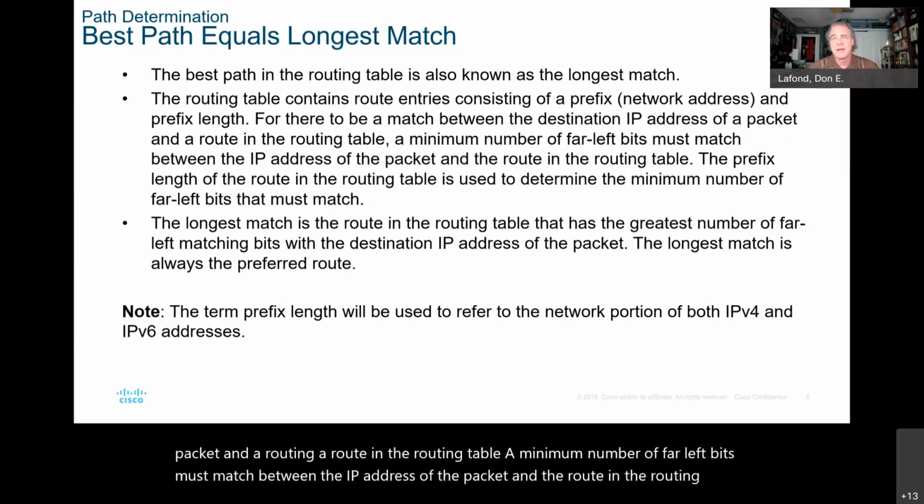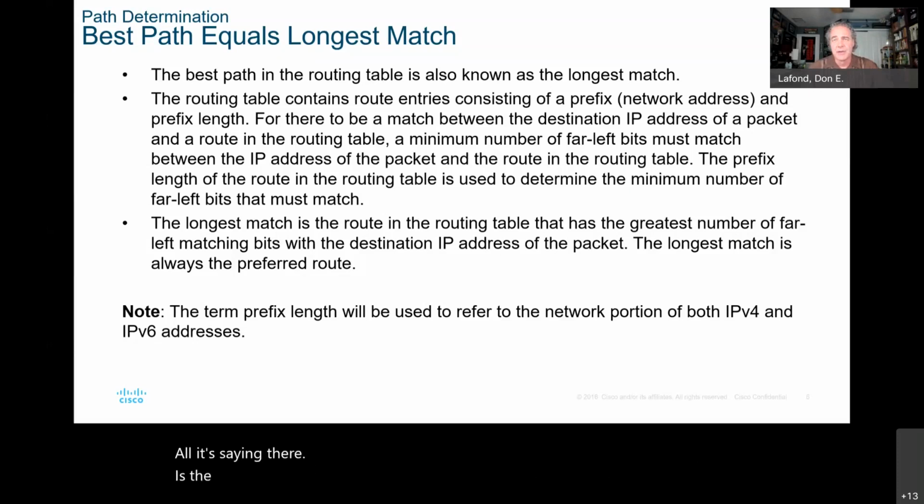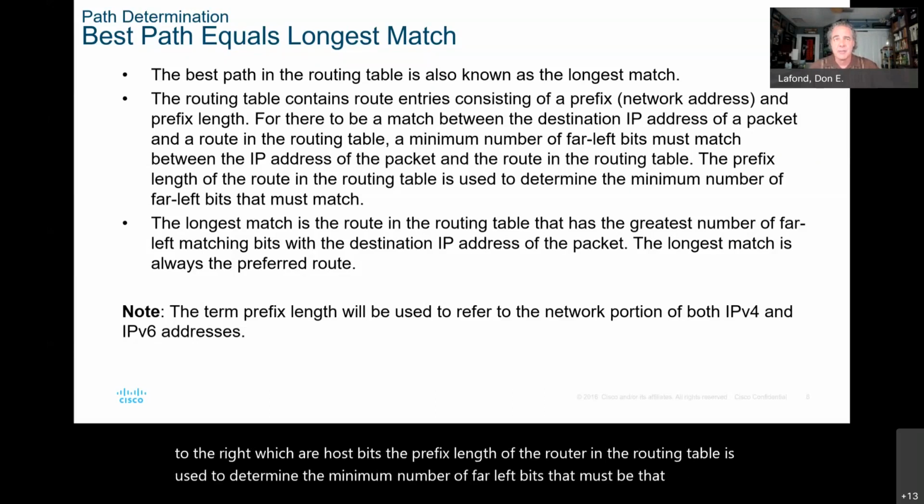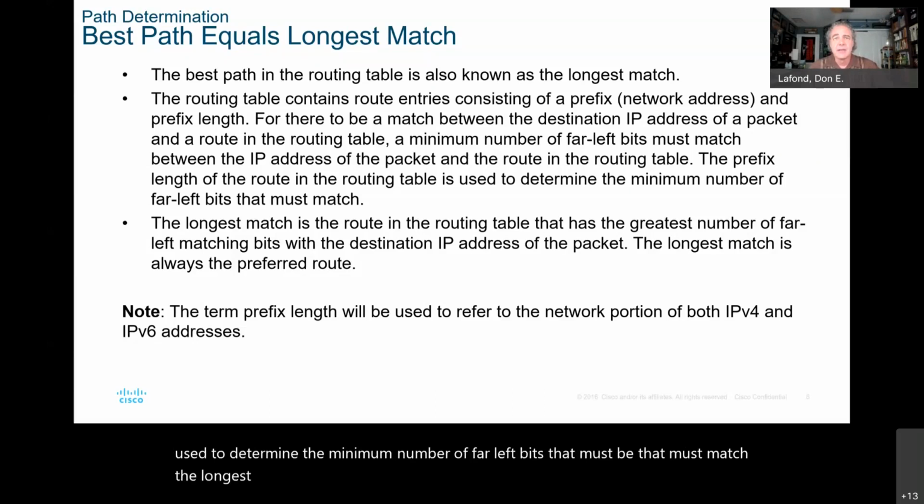All it's saying there is the network must be similar, or the same: the far left network bits, compared to the right, which are host bits. The prefix length of the route in the routing table is used to determine the minimum number of far left bits that must match.